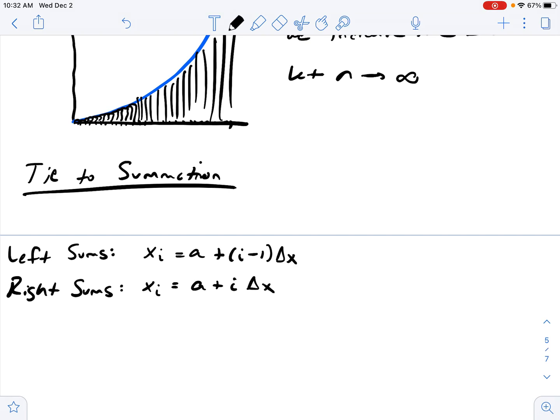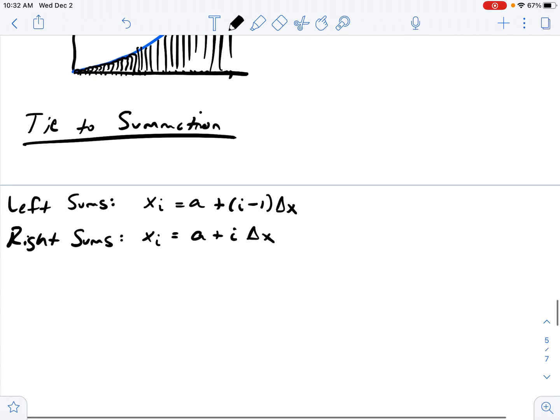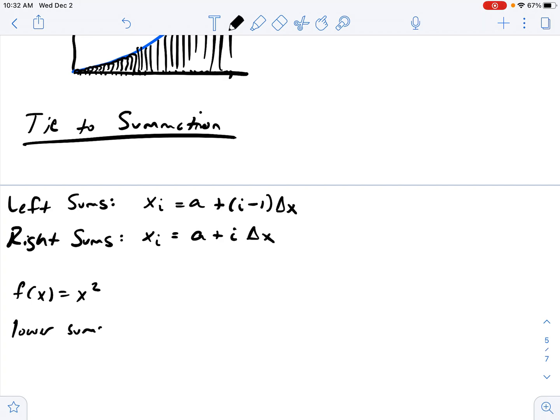So what I now want to do is actually, let's do the lower and upper sums for the 4 rectangles here, okay? So check it out. This is from the example, f of x equals x squared, okay? And let's look at the lower sums, okay?